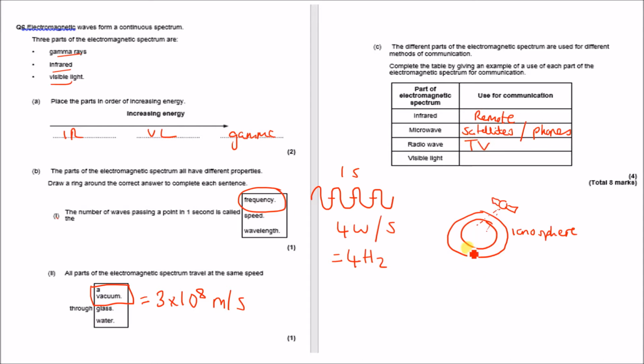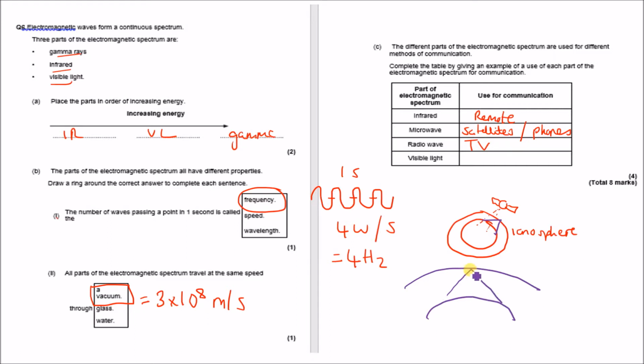Okay, and while we're talking about the ionosphere, remember, if I just change this pen color, that radio waves are actually able to reflect off the ionosphere, and you're often asked to draw diagrams for this. So if we zoomed in on this diagram and this was the Earth and this represented the ionosphere, you could actually send a radio wave up into the ionosphere from one place to another place.